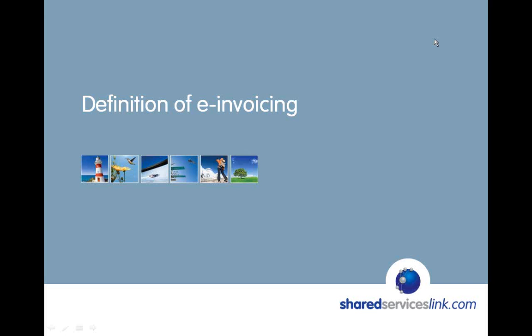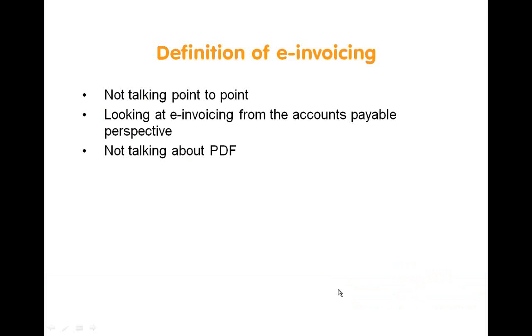So let's be clear about what we mean by electronic invoicing. What we talk about at sharedserviceslink.com when we refer to e-invoicing is largely the network model. We're not talking about point-to-point as such. When we refer to point-to-point, we refer to that as EDI.